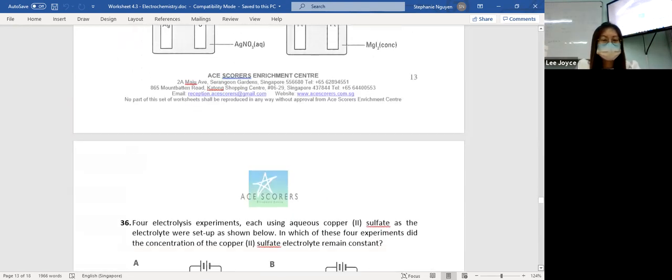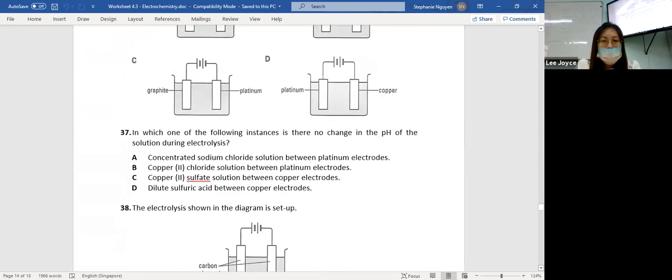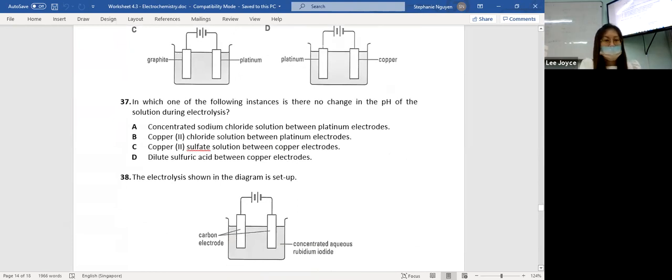37. No change in the pH of the solution during electrolysis. So what is it saying? What kind of scenario are we talking about here? That is the use of the active electrode to do the electroplating, right?